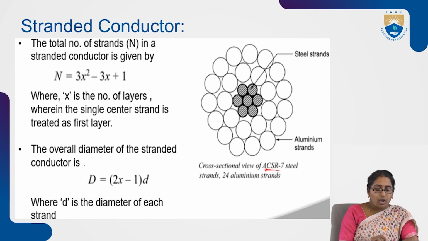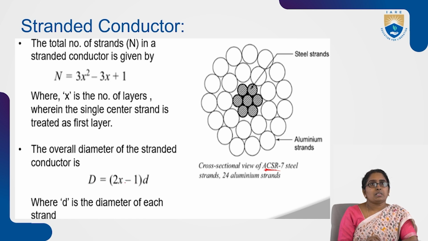And the overall diameter of the stranded conductor is given as capital D, which is 2x minus 1 whole brackets into small d, where again x is the number of layers and d is the diameter of each strand.